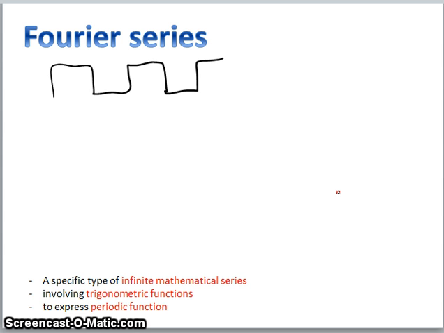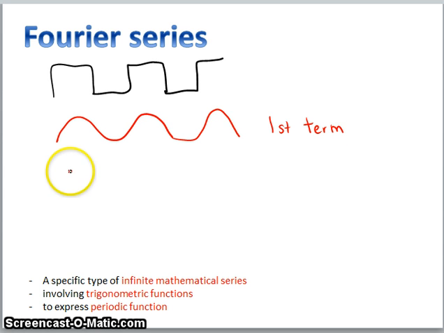I will need to add all the terms or all the functions which are trigonometric so that I can represent this square wave function. So the first term that I can have, let's say like this. Okay, so this is the first term. Then if I have the second term, so let's say this is the second term.